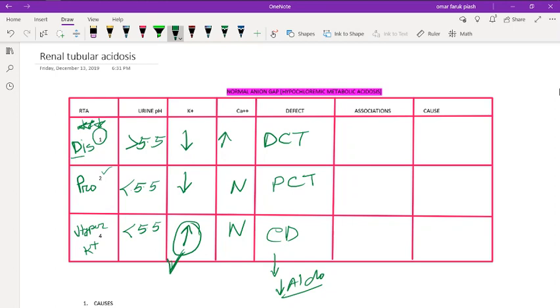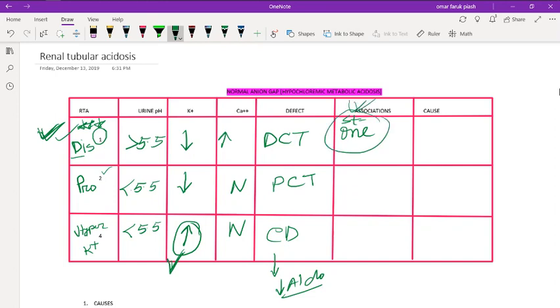What are the associations? I already said that the odd thing will happen here, in type 1, and you can remember stone, if you add st, then stone happens here.